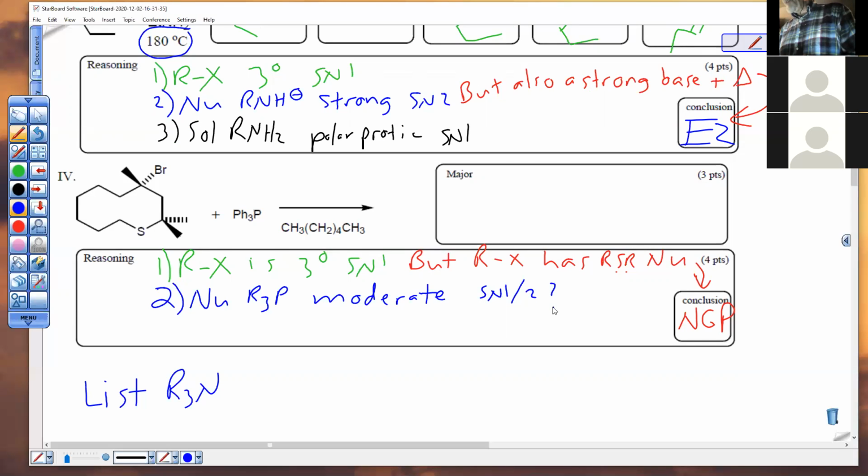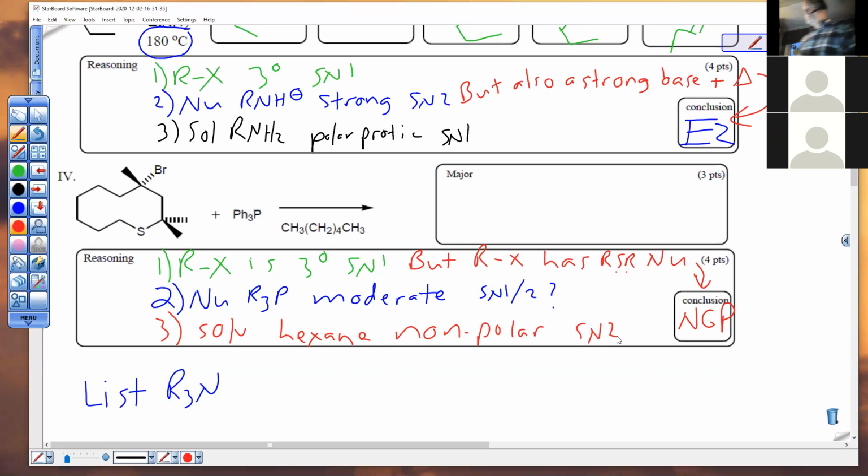And the solvent is hexane. Definitely non-polar. Category non-polar, conclusion SN2, because non-polar destabilizes carbocations.